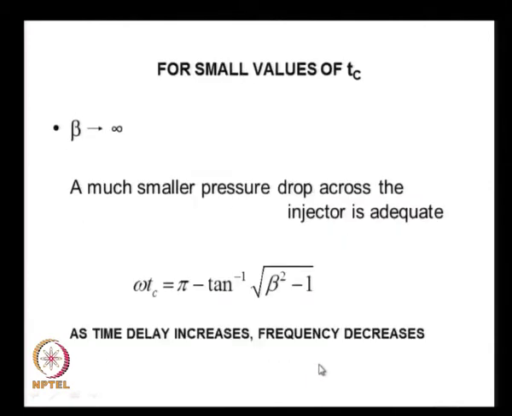For large values of beta, I find that the injector pressure drop, which is very much smaller than the value I specify, is adequate, and that is what I will be examining further in the course of my talk today. But I also find that the value of omega Tc from the previous expression comes out to be pi minus tan inverse under root of beta square minus 1. Rather, as the time delay increases, my frequency of oscillation decreases.